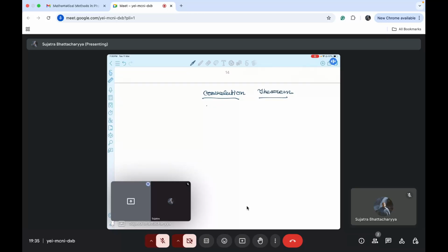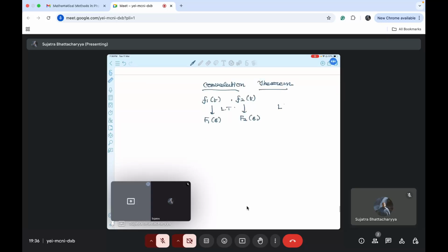So suppose you have f1 of t and f2 of t, two functions, and corresponding to this, the Laplace transform of f1(t) is F1(s), and the Laplace transform of f2(t) is F2(s). So this is the Laplace transform. All right. So you can write further like this, that L of f1(t) is F1(s) and L of f2(t) is F2(s). All right.